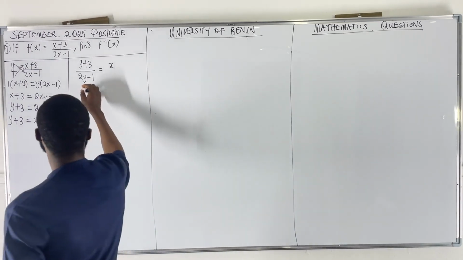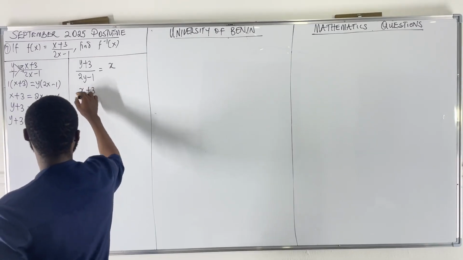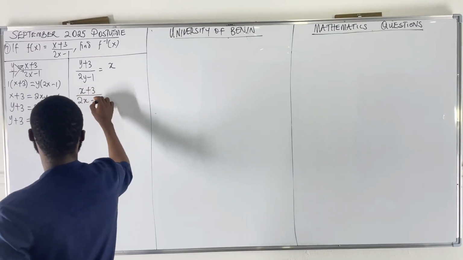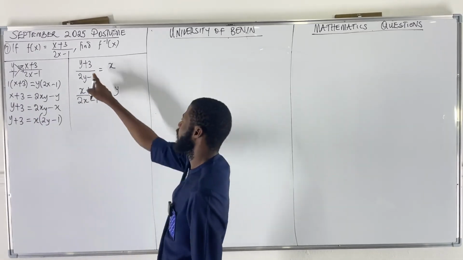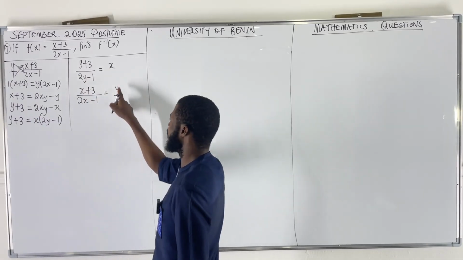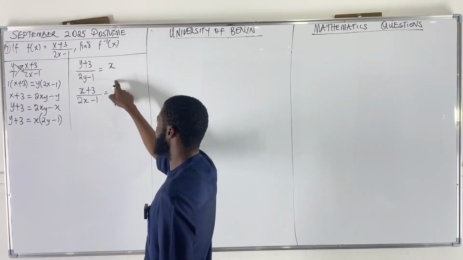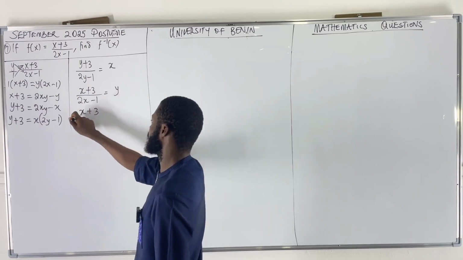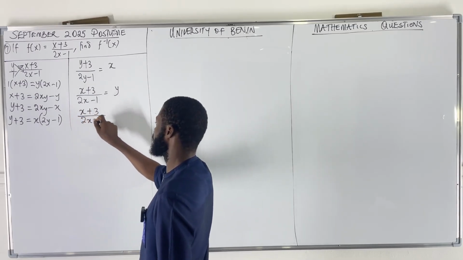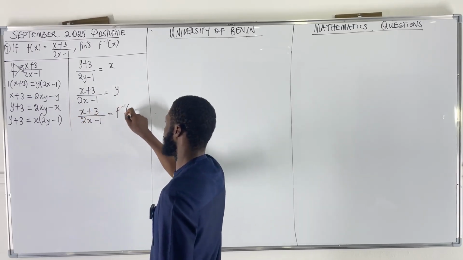So this will then become x plus 3 divided by 2x minus 1 equal to y. Now this very y you see here is now your inverse. So this is x plus 3 divided by 2x minus 1 equal f inverse of x.